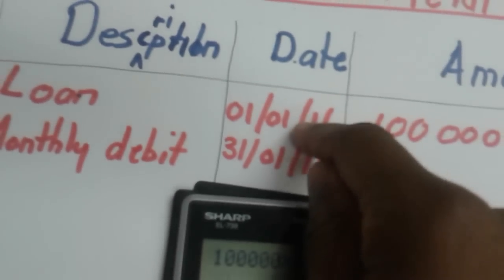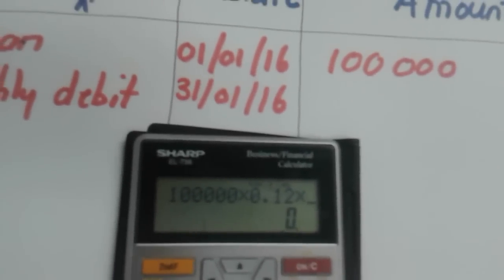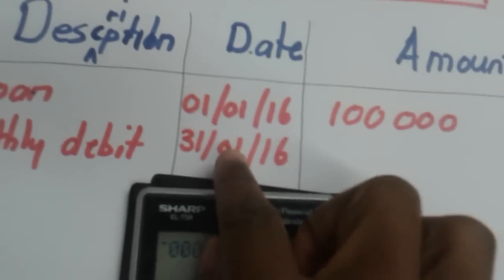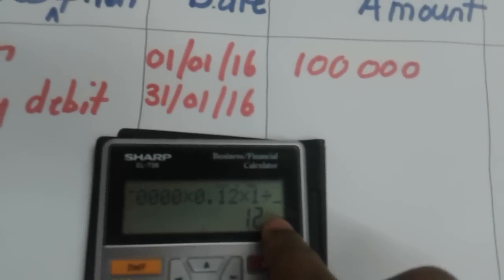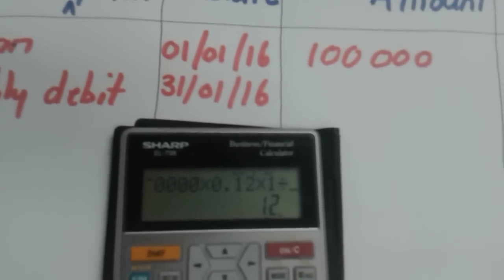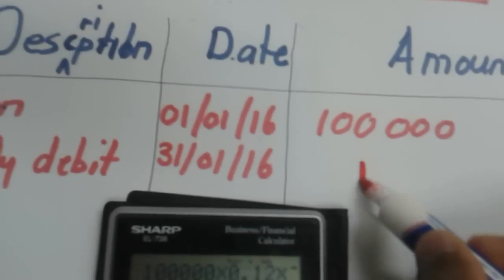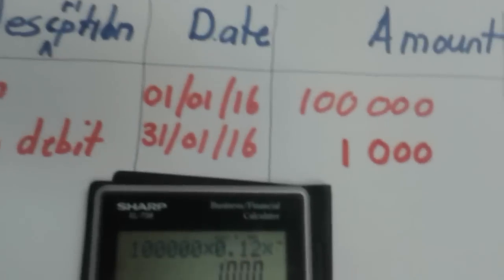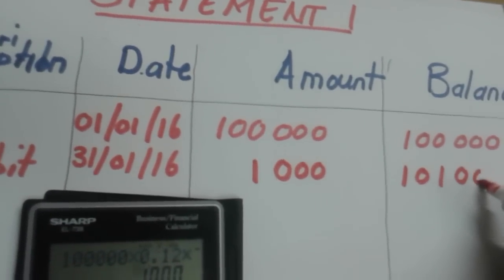It's only 1 month, so it's more like simple interest, A times I times N. So your N will be 1 divided by 12, because remember, this rate here is an annual rate. So we are now finding interest for only 1 month. That's why we divide by 12. And the answer is 1,000. So we are going to add 1,000 there. If you add 1,000, your balance will now change to 101,000.